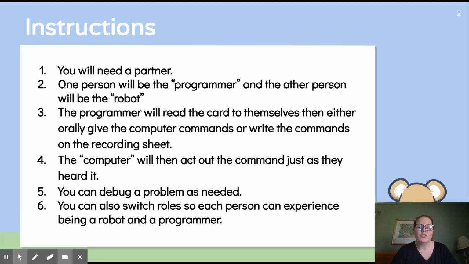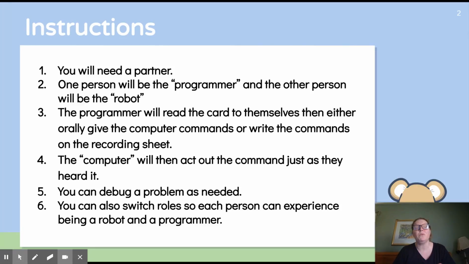the instructions. You will need a partner. One person will be the programmer and the other person will be the robot. The programmer will read the card, and you'll see the cards next. You're going to read the card to yourself, and then you can either tell the computer the commands or write the commands down.